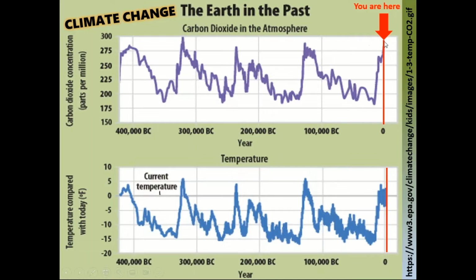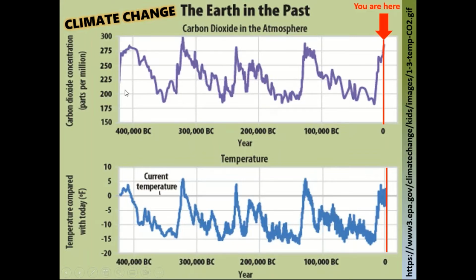You can see the amount of CO2 in our atmosphere today is about the same as it was 120,000 years ago, and about 230,000 years ago, and 320,000. So the amount of CO2 rises and falls, and it's done this naturally over time.